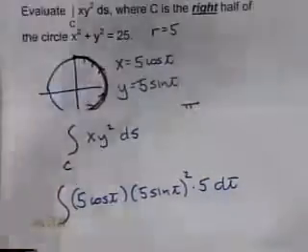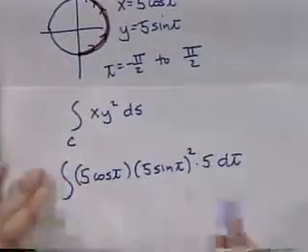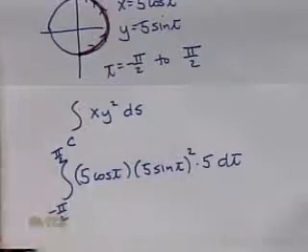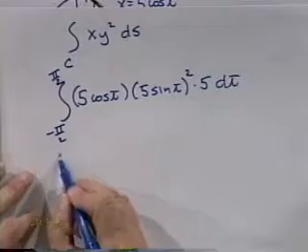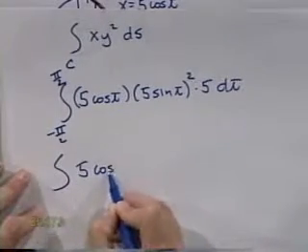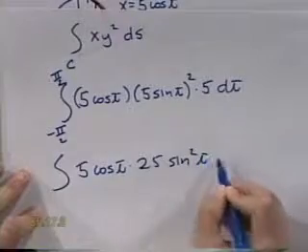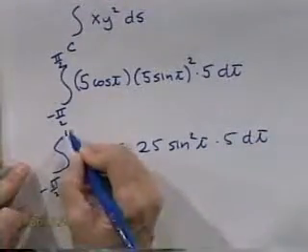And then lastly, what's t ranging from? t is ranging from minus pi over 2 to pi over 2. Now if you look here, what you have is the integral of 5 cosine t times 25 sine squared t times 5 dt as t goes from minus pi over 2 to pi over 2.